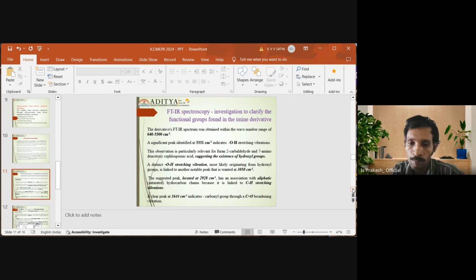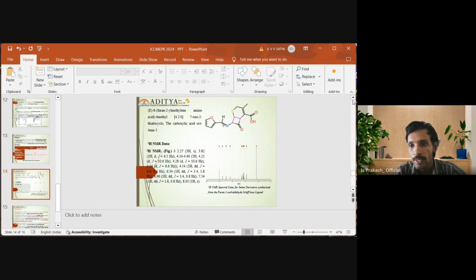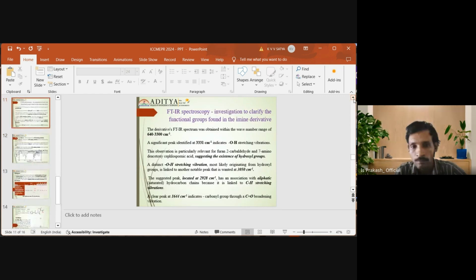Significantly, the compound contains hydroxyl groups, which give a sharp peak at 3331. The hydroxyl groups exhibited in the product come from the reactants, furfural and 7-ADCA.